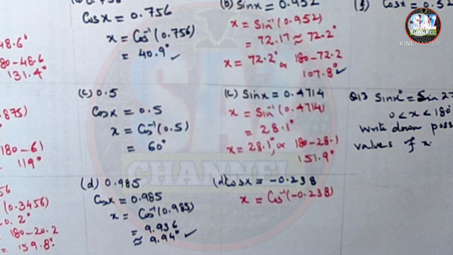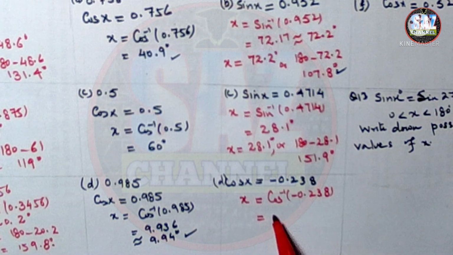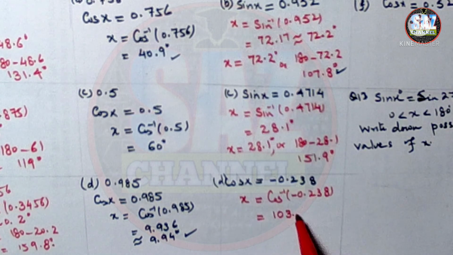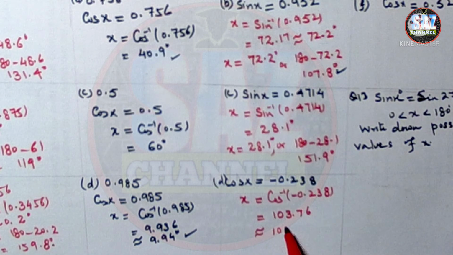The minus sign is indicating that the terminal arm of the angle is in the second quadrant and it's an obtuse angle, so we have to take the obtuse value, that is 103.76, which to 3 significant figures becomes 104 degrees approximately. Due to this negative sign, we are getting this obtuse angle for the cosine function.